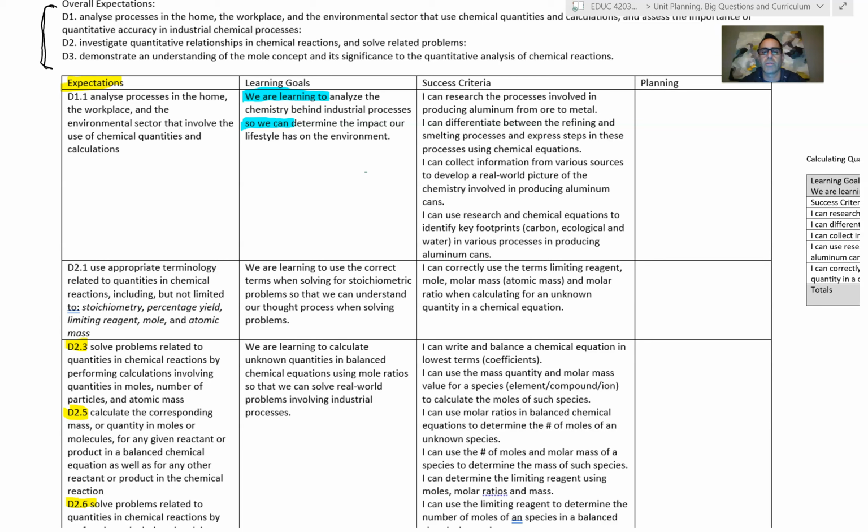The real focus, of course, as we'll go through in a second, is the success criteria, because that for students is the most important thing. They want to know what they're learning, but they need to really know how they can showcase their learning. So again, with the next one, we are learning to use the correct terms when solving stoichiometric problems so that we can understand our thought process when solving problems.